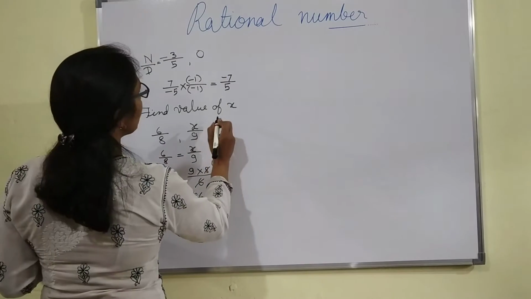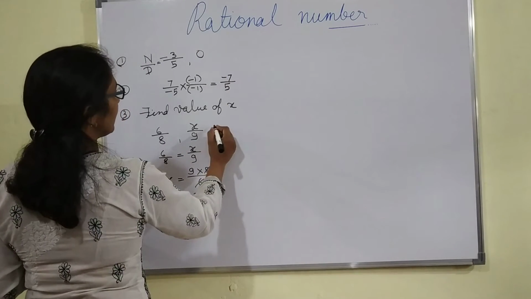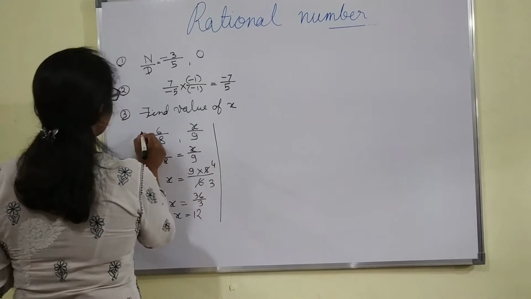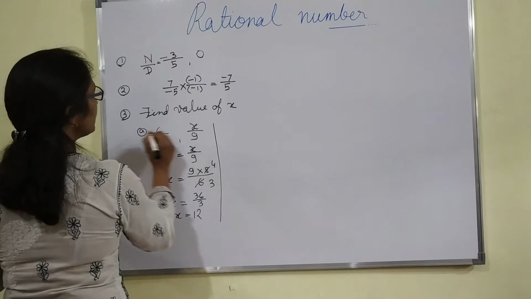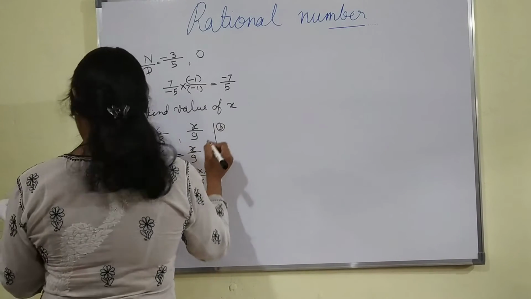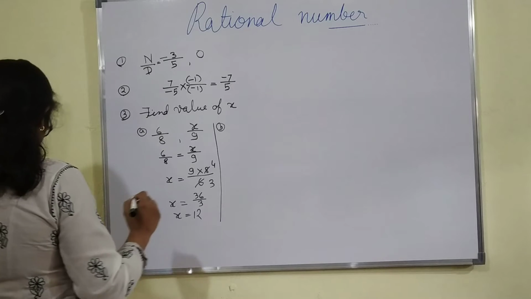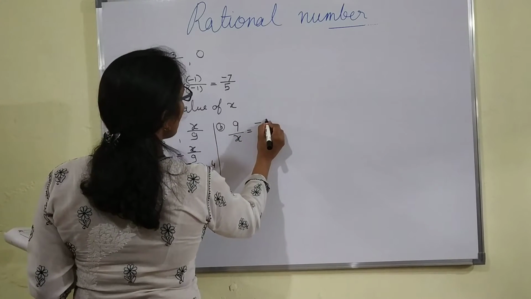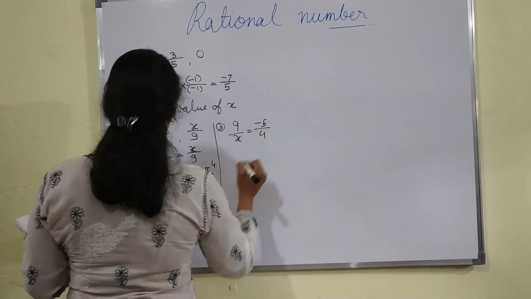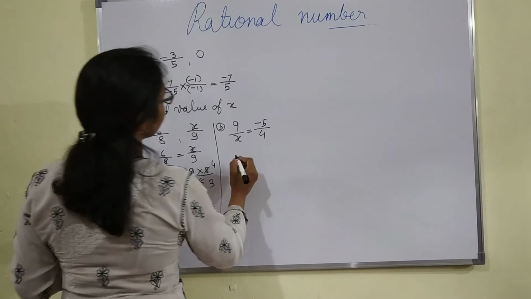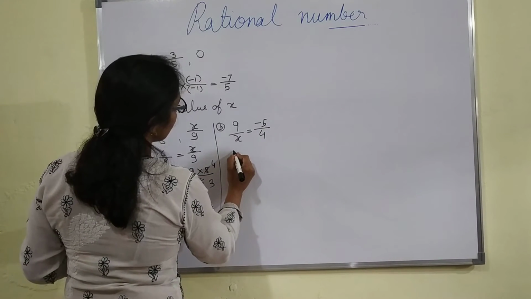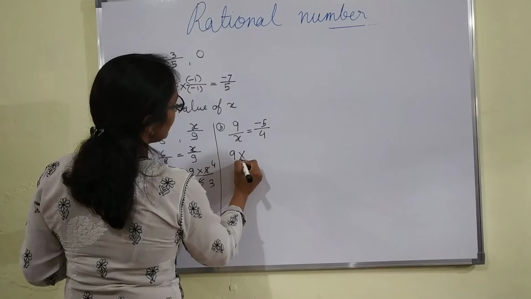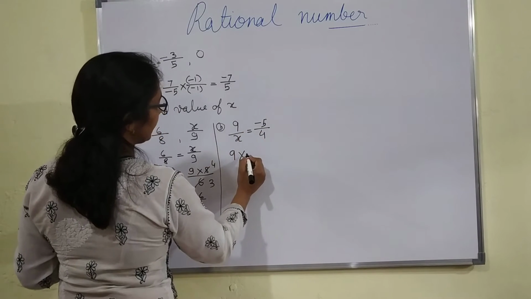Now, the next example on finding the value of x. That was question 1. Now the next question is to find the value of x: 9 upon x equals minus 5 upon 4. We will cross multiply it.